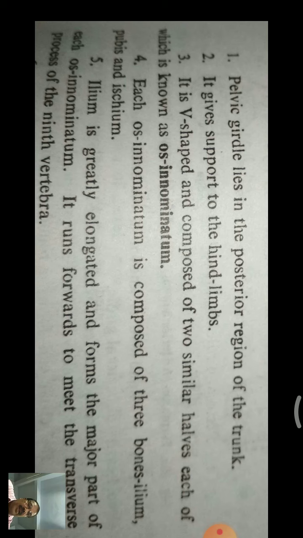It runs forwards to meet the transverse process of the ninth vertebra. It bears a prominent vertical ridge, the iliac crest, on its dorsal surface.